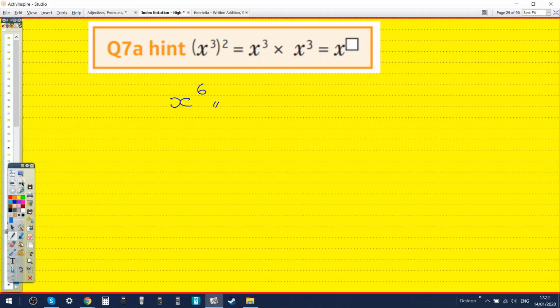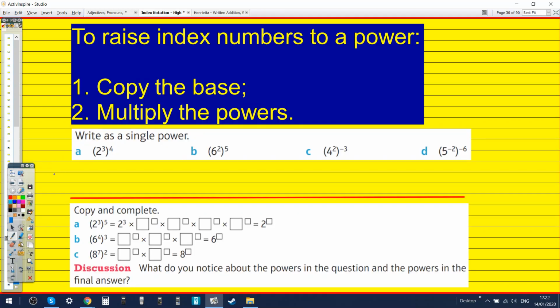You just copy the base, multiply the powers. Okay, question A. Oh, whoa. So copy the base, multiply the powers. The base is the big number, the powers are the indices, the little ones.